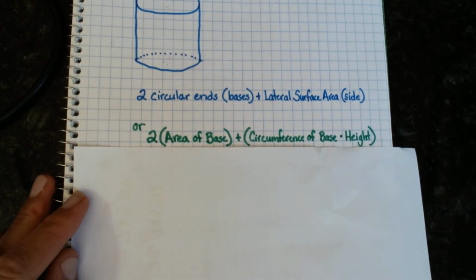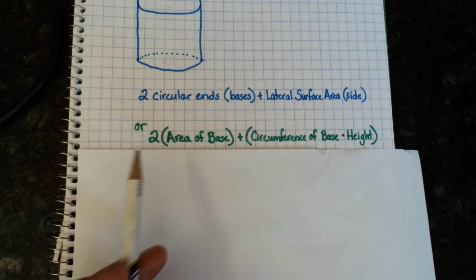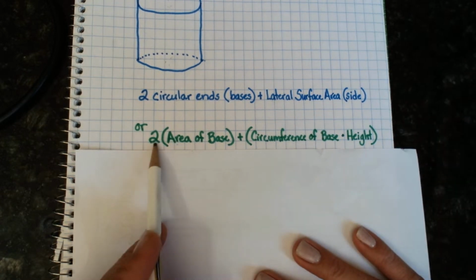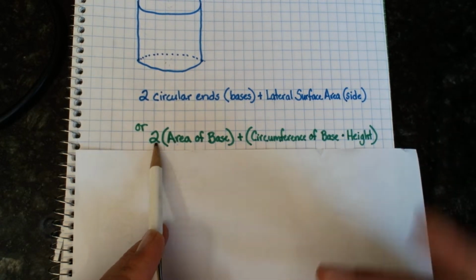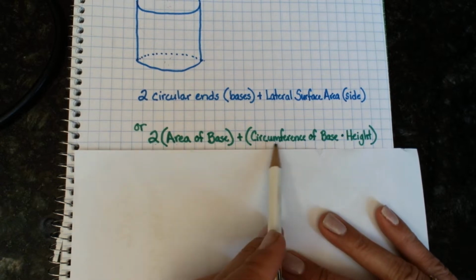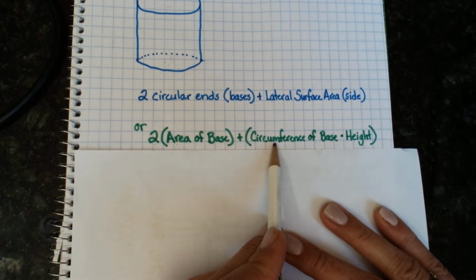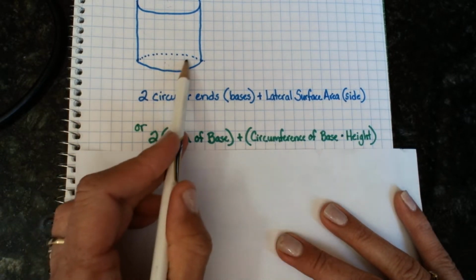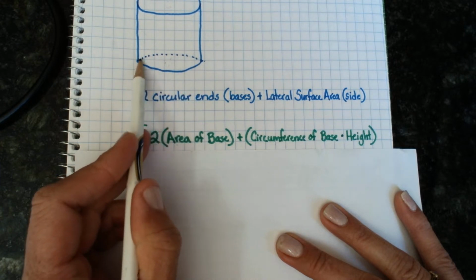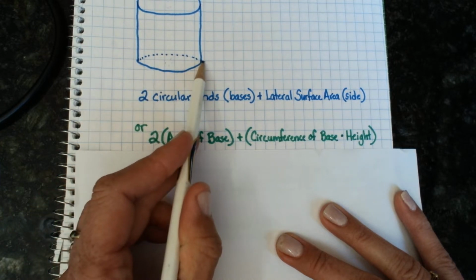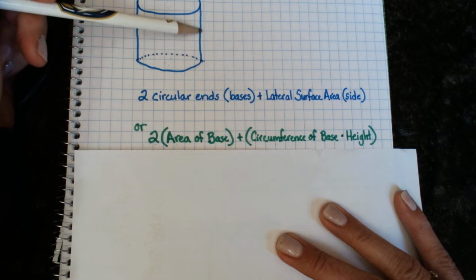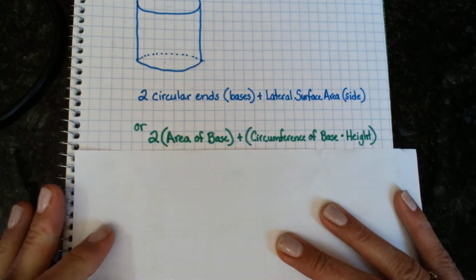In other words, we have the area of the base multiplied by 2, because we have both the top and the bottom, and then we have to find the area of the lateral surface area, which is the distance around one of the circles times the height of the cylinder.